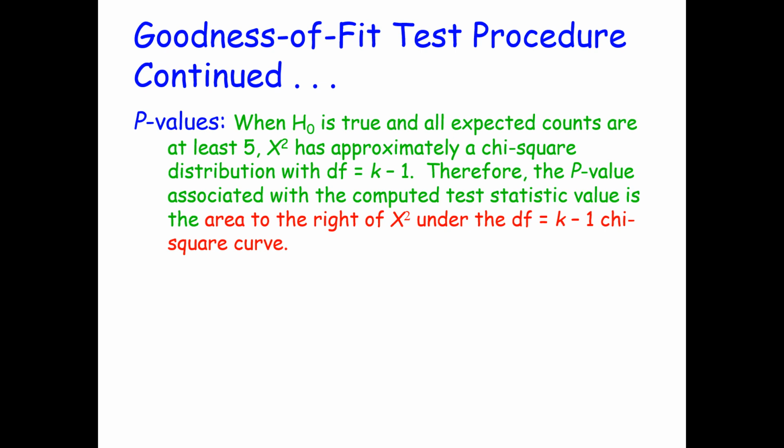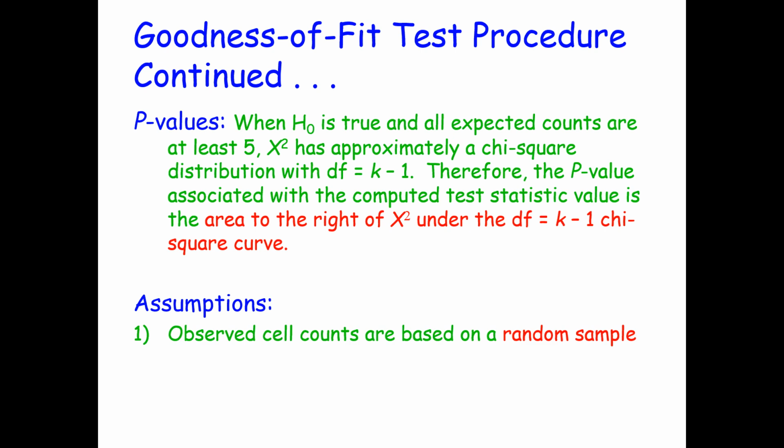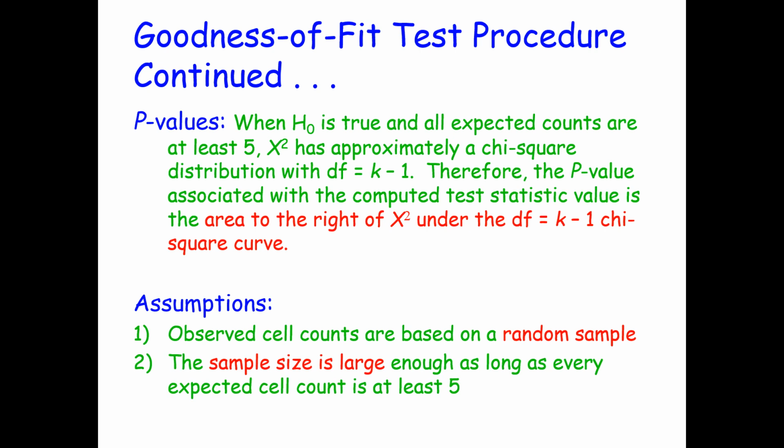Therefore, the p-value associated with the computed test statistic value is the area to the right of chi-squared under the degrees of freedom k minus 1 chi-squared curve. So what assumptions do we have to have? Well, first, our observed cell counts are based on a random sample. And second, that the sample size is large enough, as long as every expected cell count is at least 5.